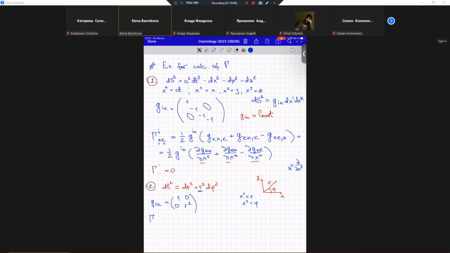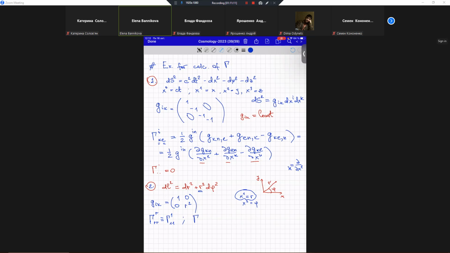the Christoffel symbols, and I will put it like this. So this is Γ^r_{rr}, which is the same as gamma 1 1 1, since we call the first coordinate r, so we can write like this.